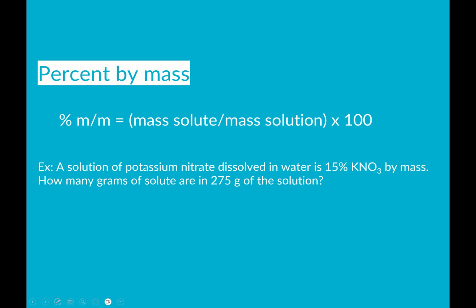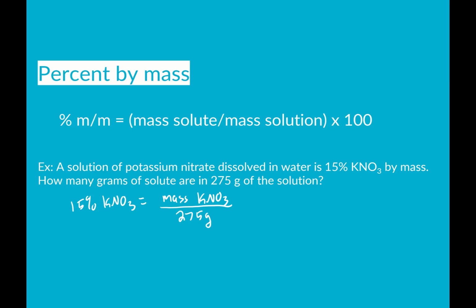So our first example reads, a solution of potassium nitrate dissolved in water is 15% potassium nitrate by mass. So how many grams of solute are present in 275 grams of solution? In this case, we know that our solution is 15% potassium nitrate. Well, this is just the mass of the solute, which is potassium nitrate, divided by the total mass of solution, 275 grams.